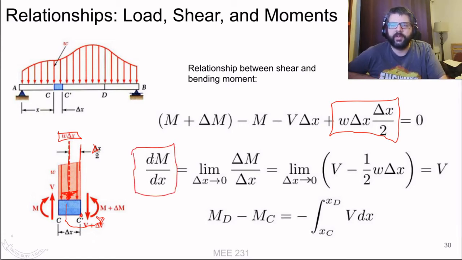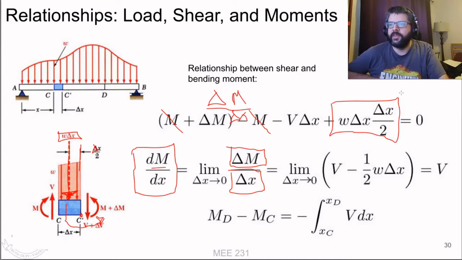If we want to find out how the moment changes with time, essentially we're going to take this delta m and divide by delta x. So again, rearranging this equation, these things cancel out, so then we're left with delta m. We want to divide by delta x, and we divide these other things by delta x.